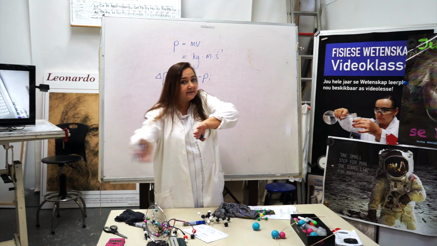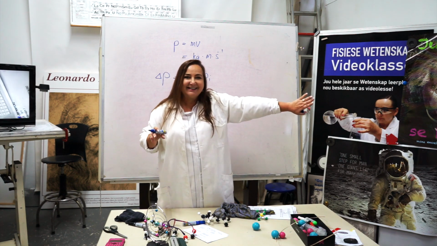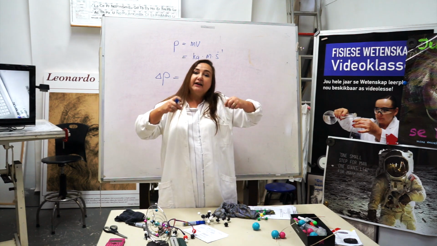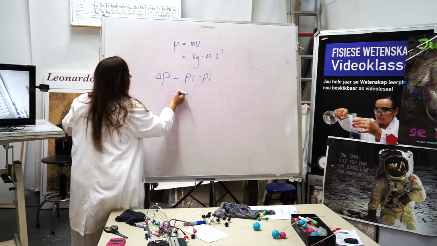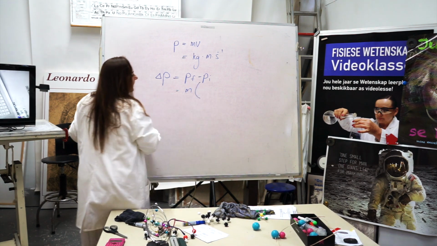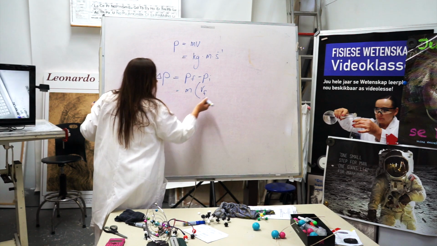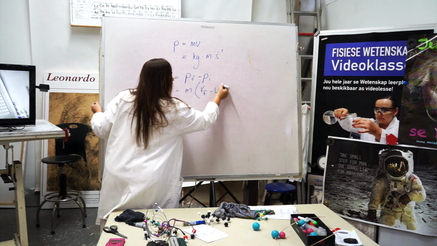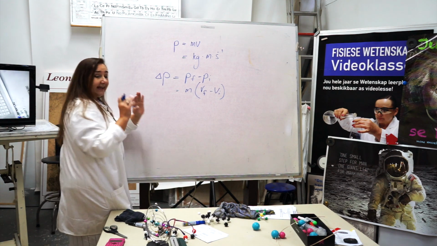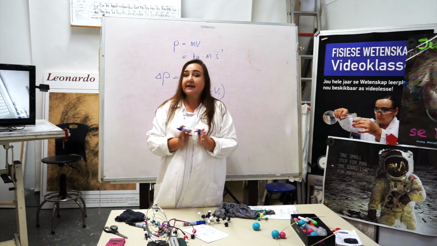Now it's going to be hit back, so I'm changing the momentum of that tennis ball, and it goes in the opposite direction. Now I have to work it out: what is the mass of the tennis ball, and what is the final velocity minus the original velocity? It's very important, I cannot emphasize it enough, guys, that you have to choose a direction.